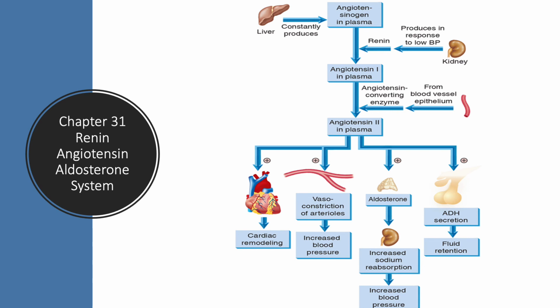So now look at angiotensin 2, which again is still just a protein. It was angiotensin 1, and it's been converted to angiotensin 2 by an ACE enzyme. And now the effects of angiotensin 2. So the first one is it goes to the pituitary gland and stimulates ADH secretion.